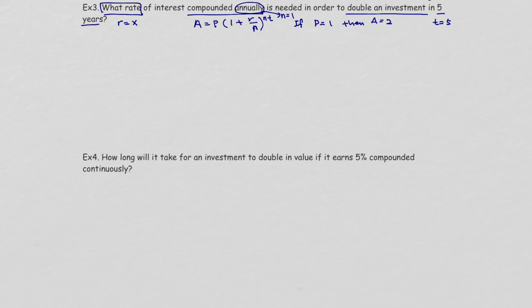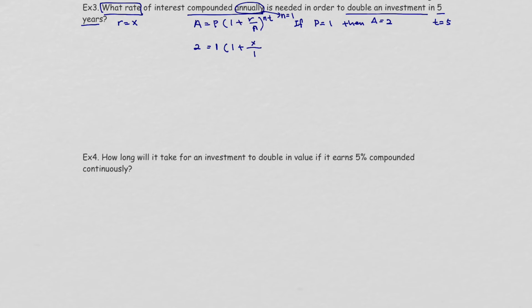So then when we replace it into the formula, we have if principal is 1, total amount will be 2, and rate is what we're looking for.